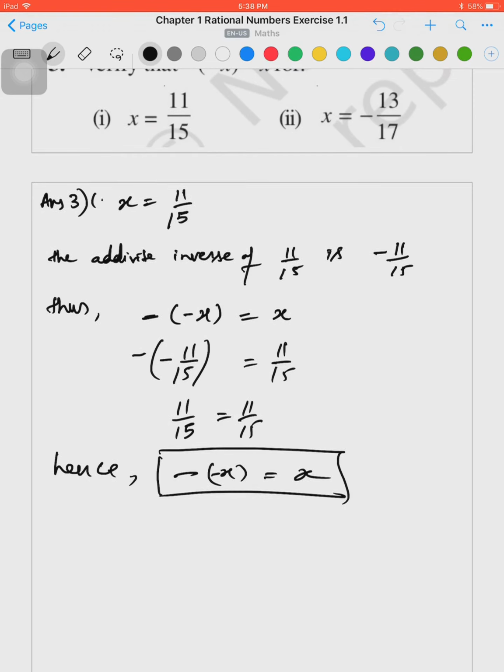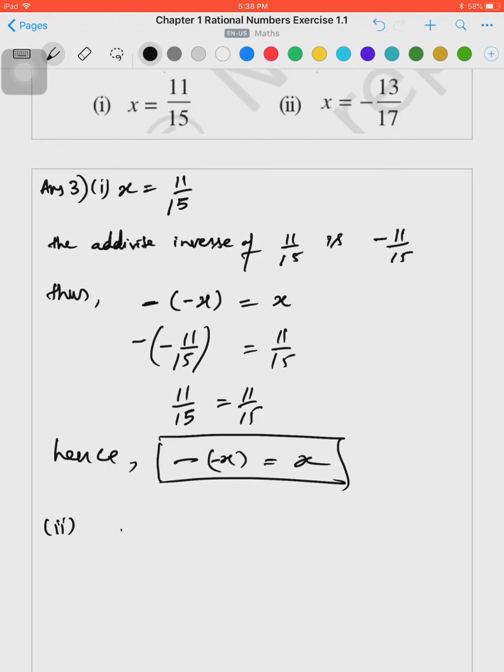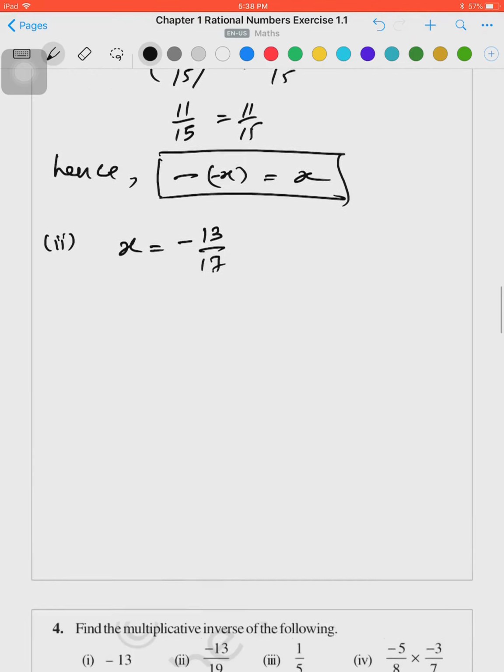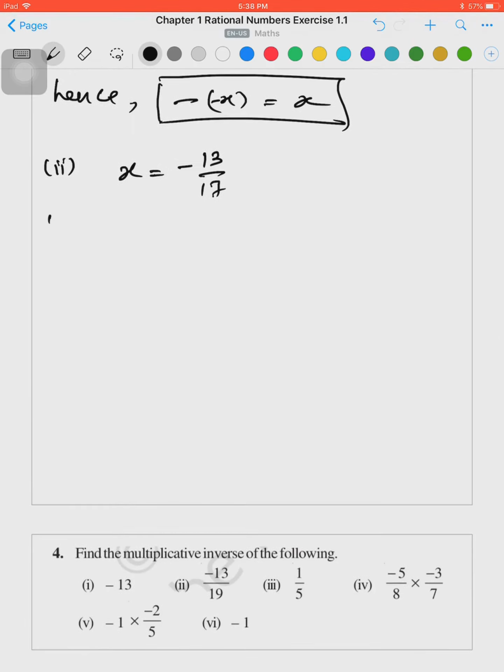Similarly, we can prove it for the second part. In the second part, we have x equals minus 13 by 17. We'll do it in a similar way like we did in part 1. First, write the additive inverse of this number. The additive inverse of minus 13 by 17 is 13 by 17.